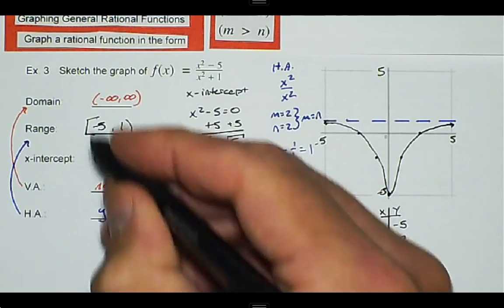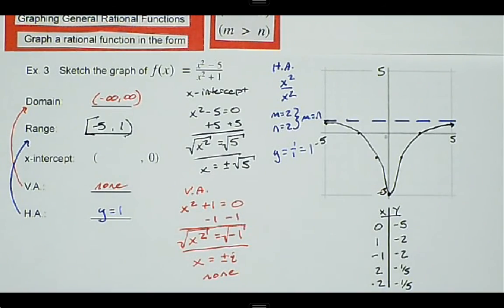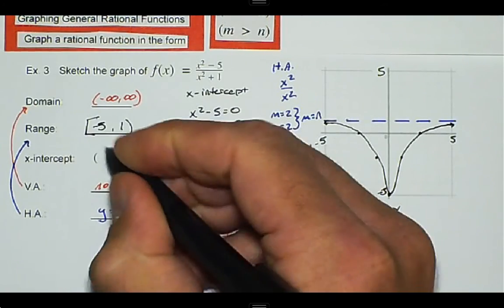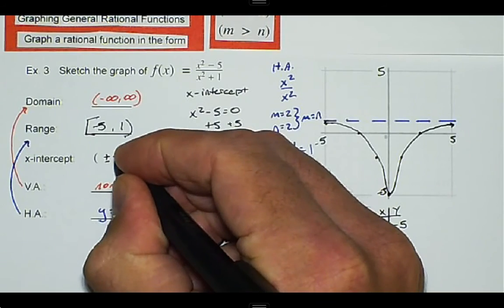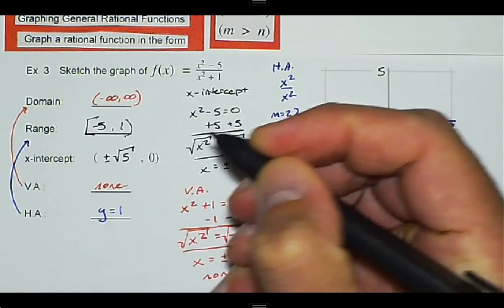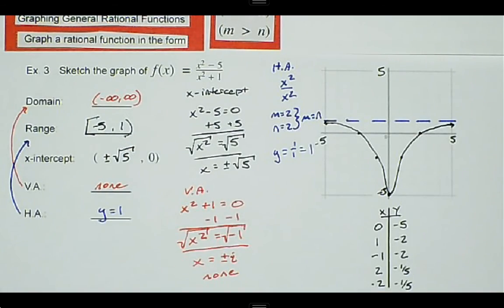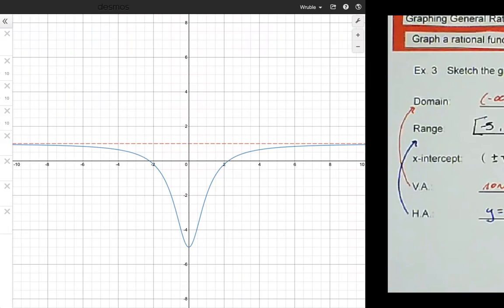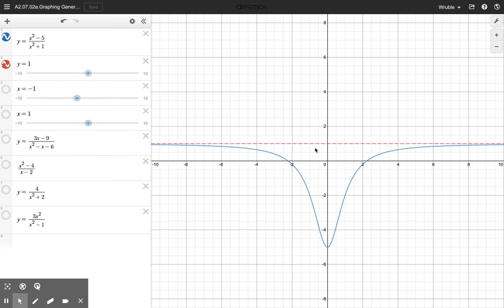Our x-intercept would be plus or minus the square root of 5. And then we can see that graph as well. And we have our asymptote at y equals 1. And we can see our y-intercept at 0, -5.